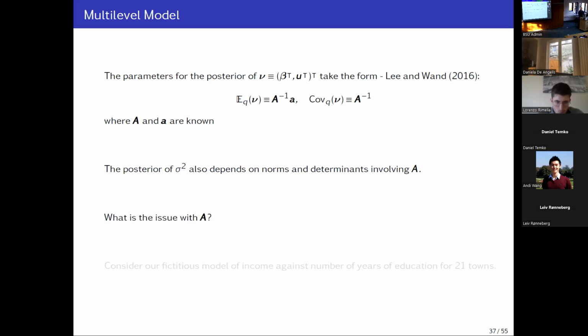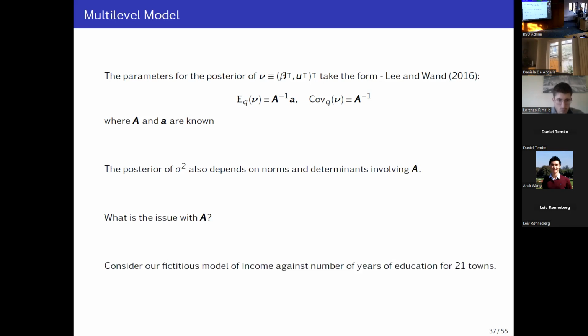It's to do with the matrix A. So it turns out that the covariance matrix for the parameter nu is simply the inverse of this matrix A, which has a particular form. And the mean vector has a similar form that depends on the inverse of this covariance matrix.